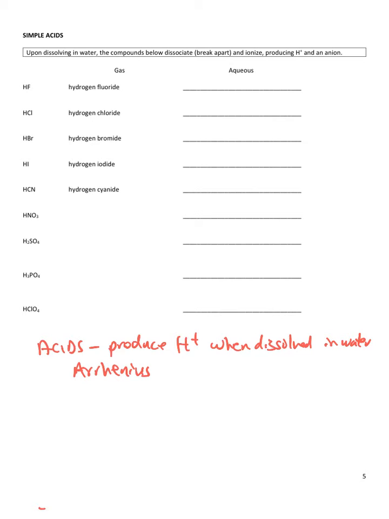Let's look at these binary compounds, for the most part, that in the gas phase, when they are then dissolved in water, become acids. HF, if you were to name it using our nomenclature for covalent compounds, would be hydrogen fluoride.